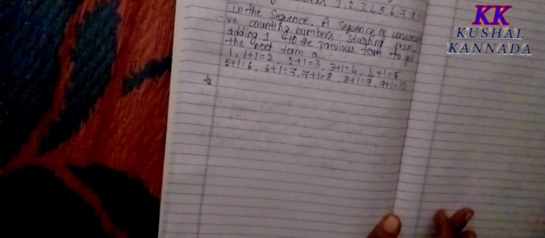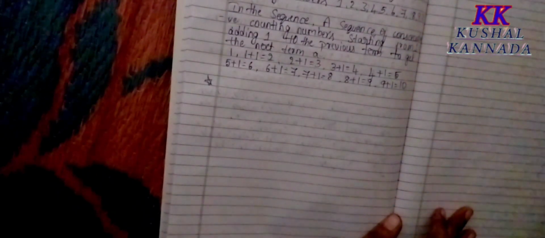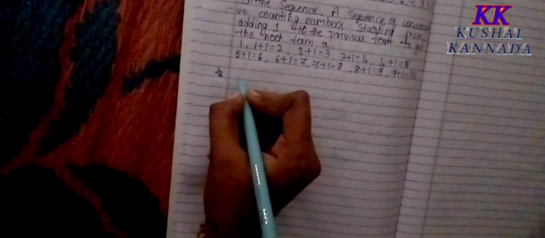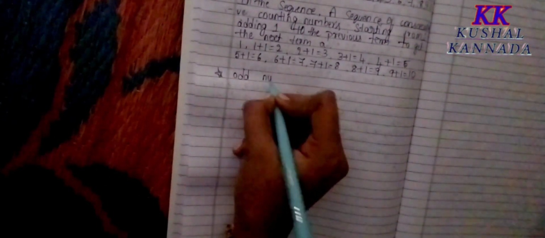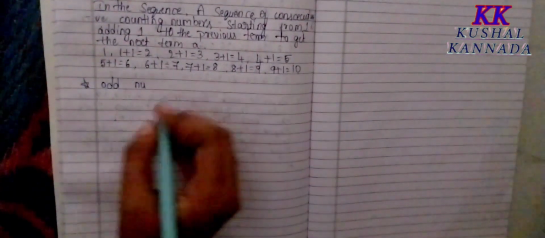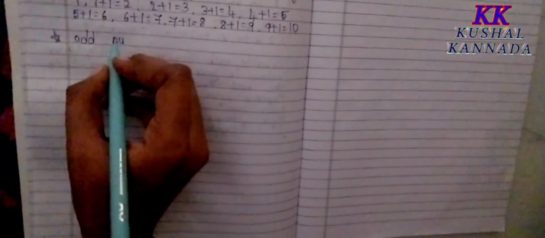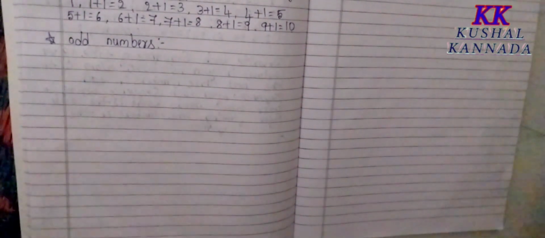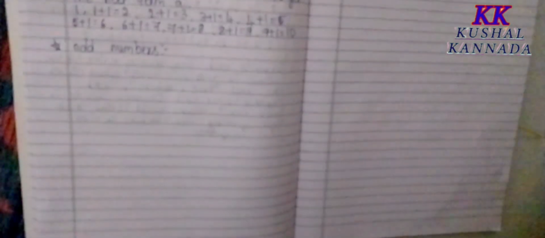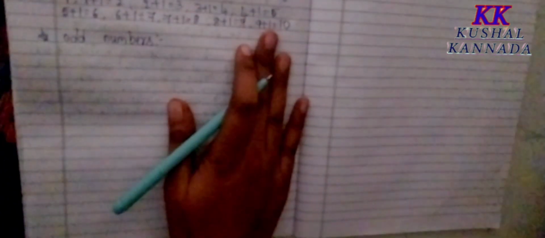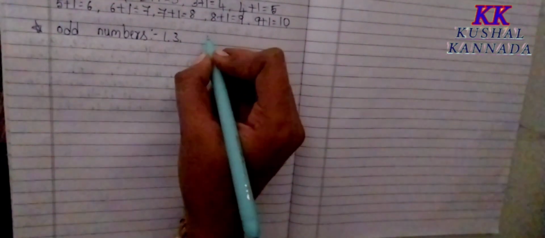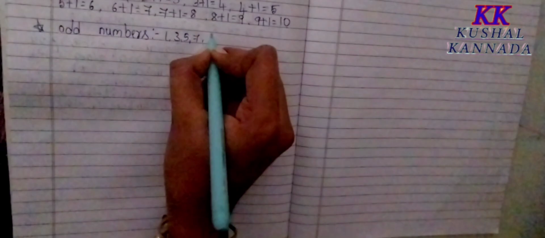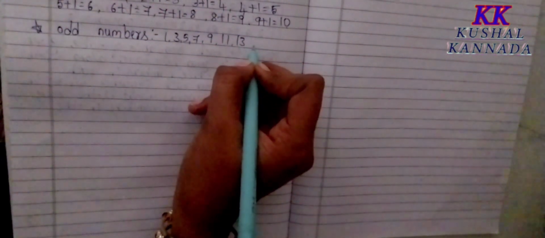Next, odd numbers. Odd numbers: 1, 3, 5, 7, 9, 11, 13.